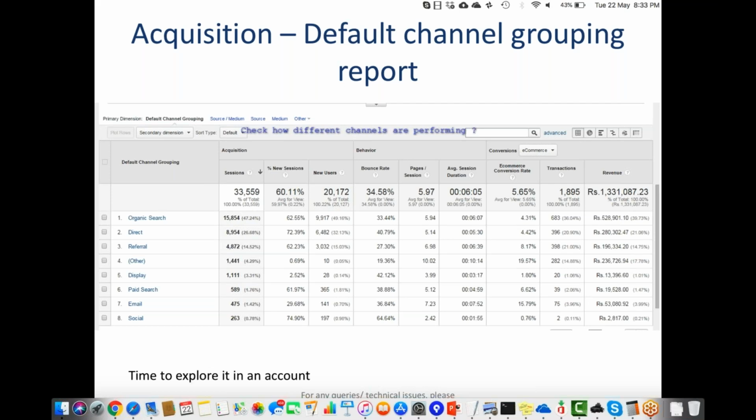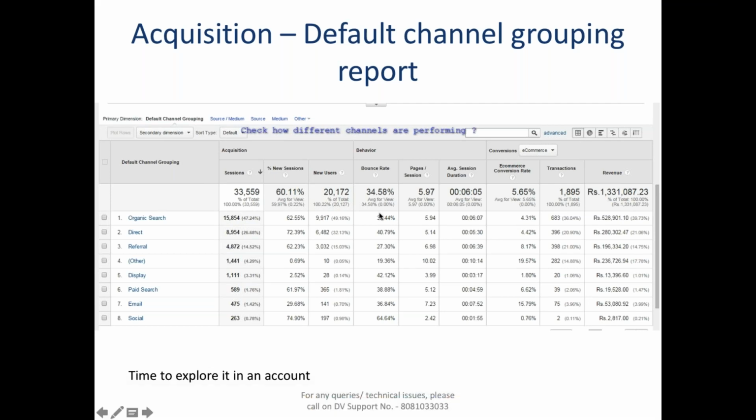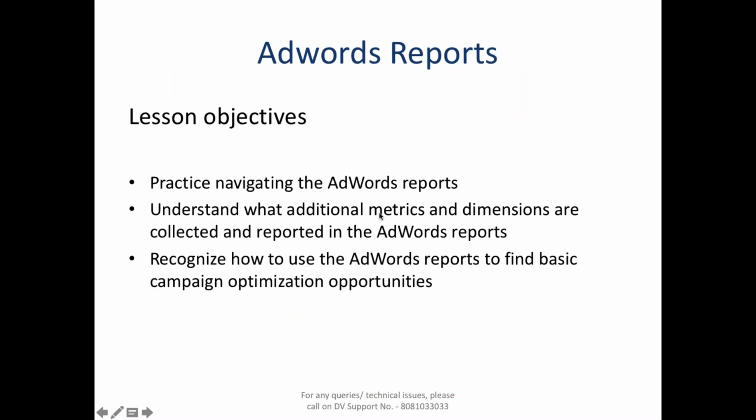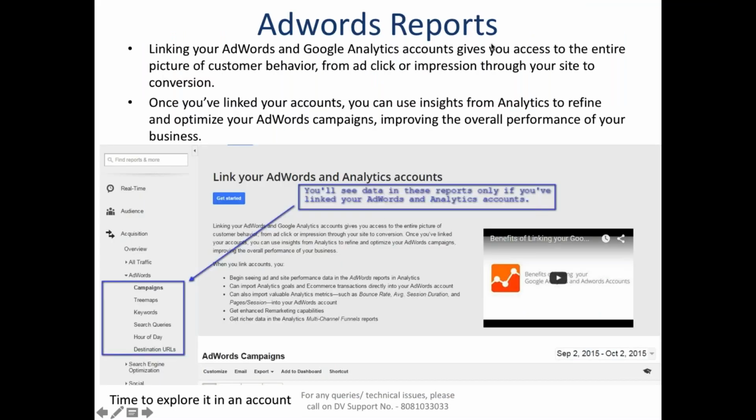But the point is, AdWords is also a very comprehensive tool. It gives you everything, right from impressions to ad clicks, click through rate and conversion, and everything that you really need to understand about your AdWords campaign performance.